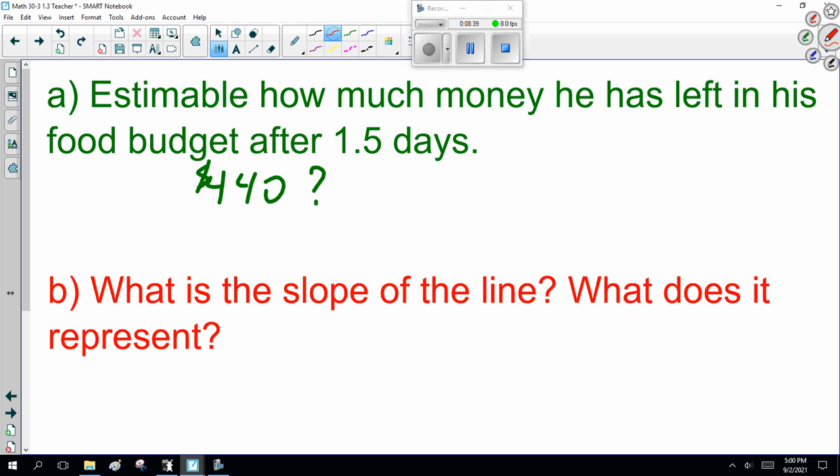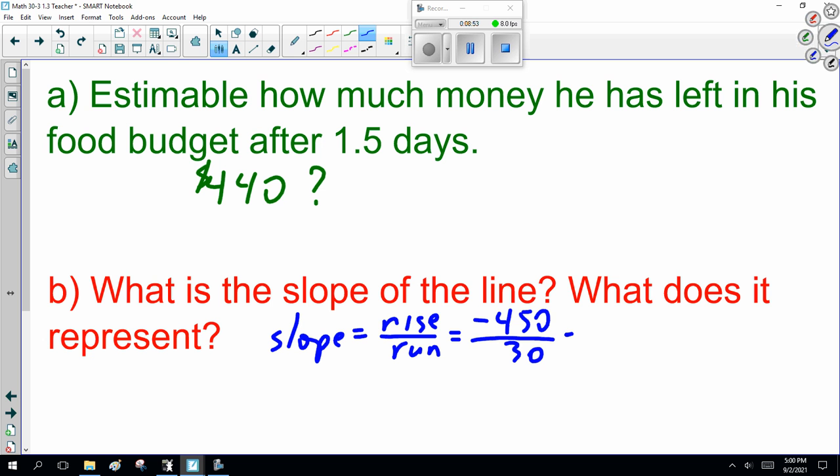It's much better if we calculate the slope. Slope is rise over run. In this instance, he's spending $450 over 30 days, which works out to be minus $15 per day. So every day he's spending $15.